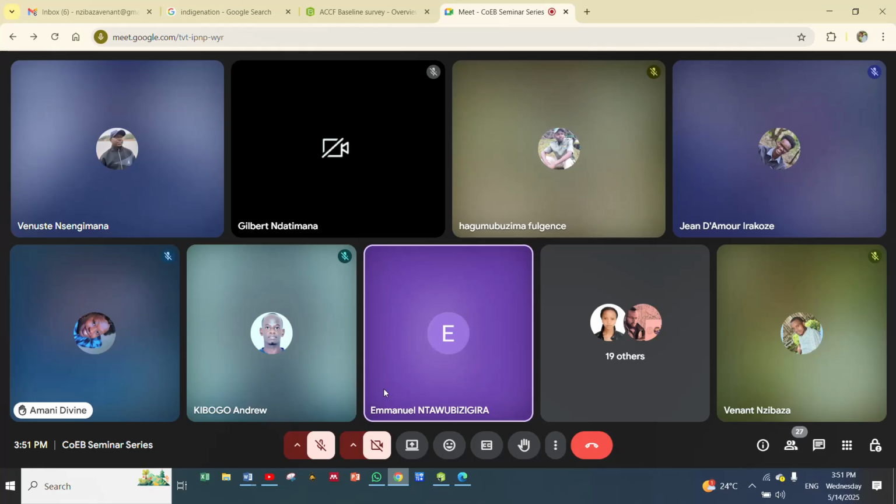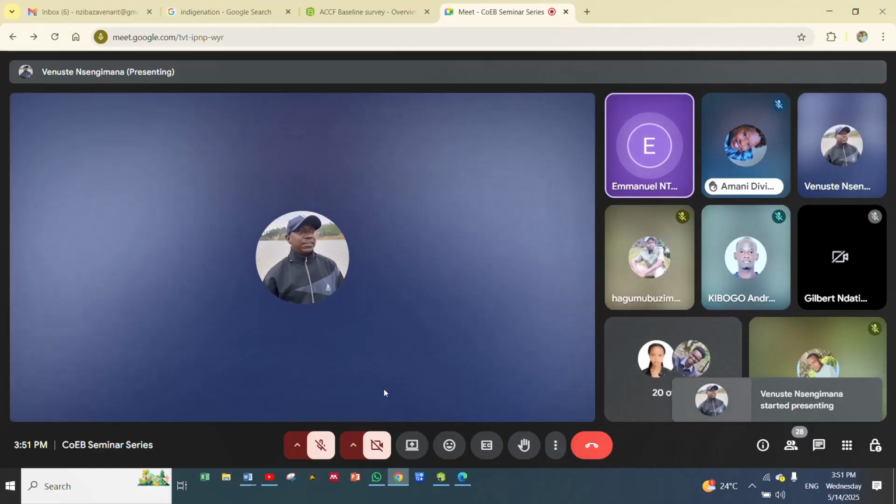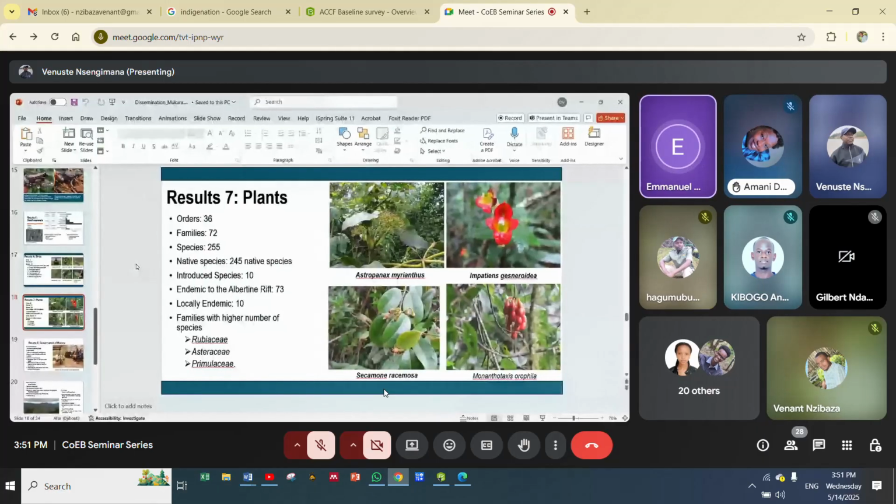So my suggestion is that if you can also bring the data about the plant biodiversity, it will be completely informative. I would like to know if there is another presentation on plant biodiversity.